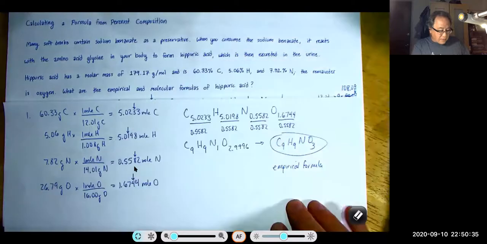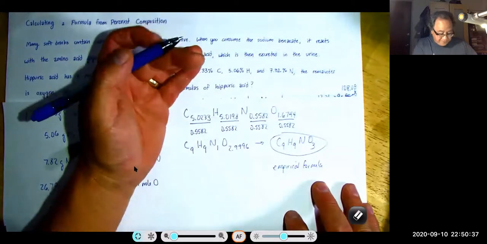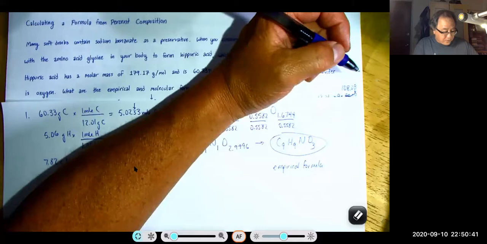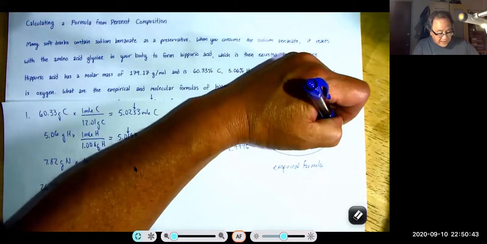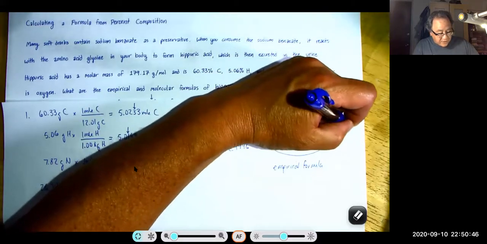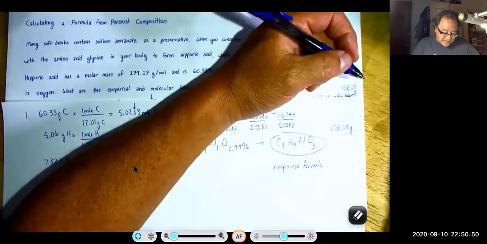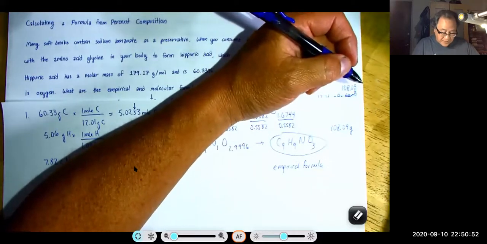So let's figure out the molar mass of this empirical formula. We have 9 times 12.01. So we have 108.09 grams of carbon. 9 times 1.008.